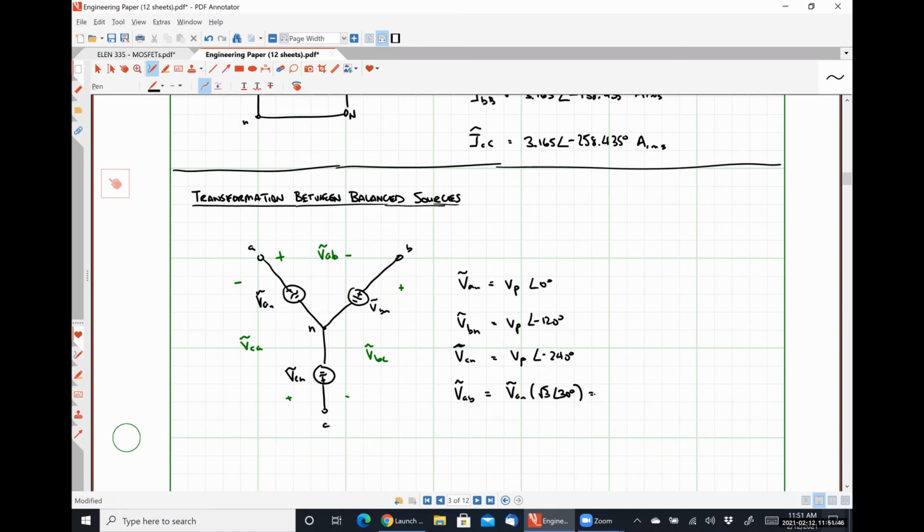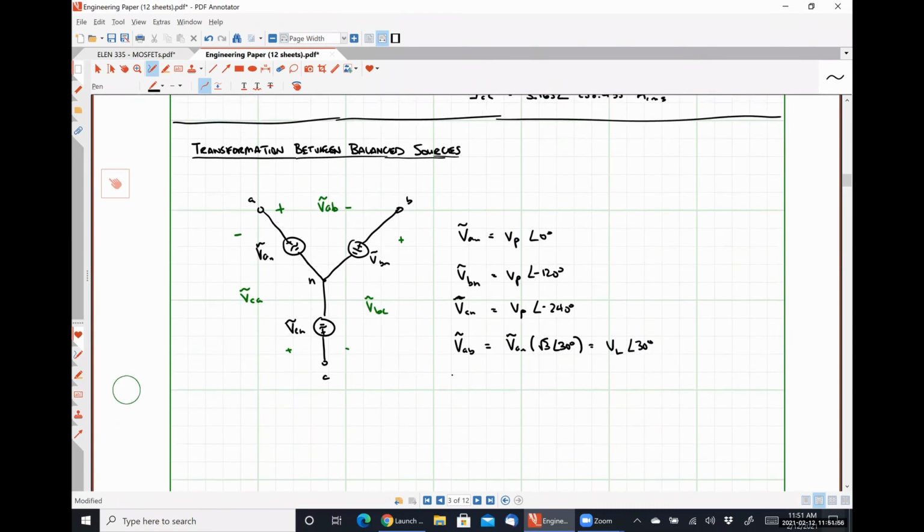From our previous example where we converted back the other direction, I'm going to call this VL for line voltage, angle 30 degrees. VBC is then just going to be VL angle negative 90 degrees.